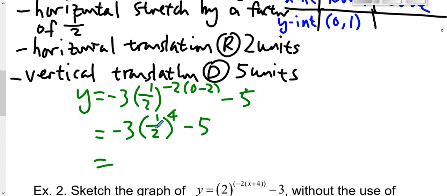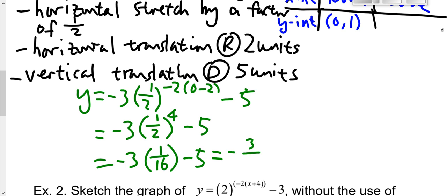So you might want to use the fraction function on your graphing calculator. Negative 3, and 1/2 to the power of 4 means 1/2 times 1/2 times 1/2 times 1/2, which gives you 1/16, and then minus 5. If you keep going, these two give you negative 3 over 16 minus 5, and this time you may want to use your fraction function on your calculator again, so that gives you negative 83 over 16.